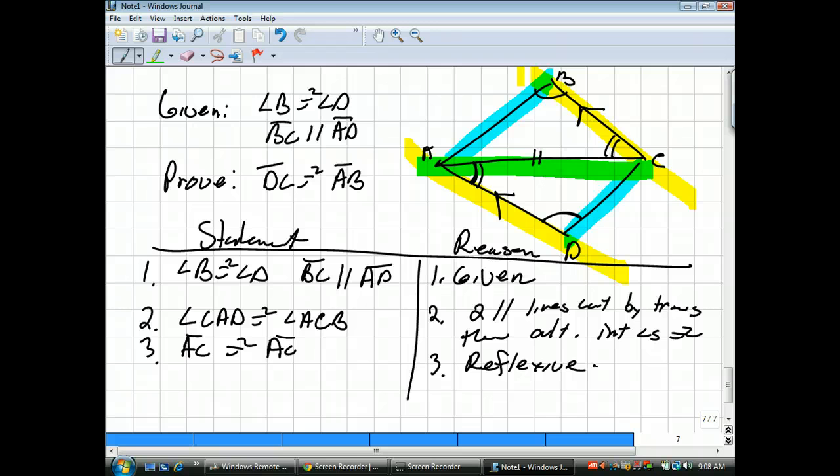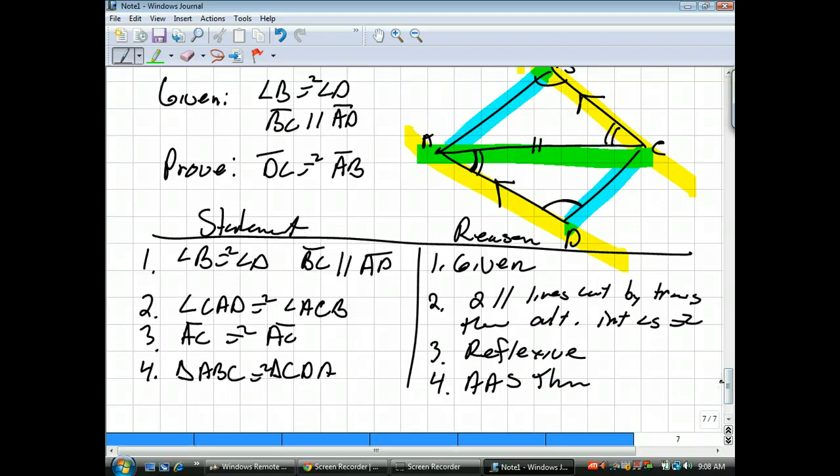And so then I have two angles of one and the non-included side, and two angles of the other and the non-included side. So now I can say the triangles are congruent. So triangle ABC is congruent to triangle CDA. And that is by the angle side theorem.